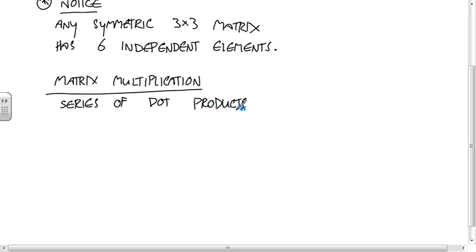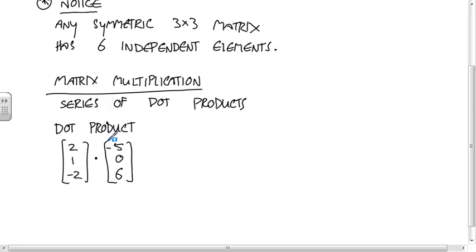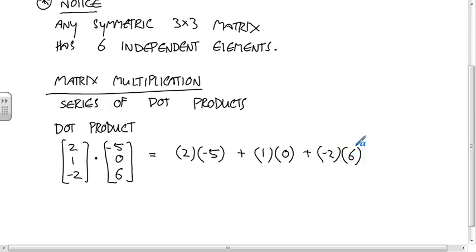So first of all, if you are taking the dot product of 2, 1, -2 dotted with -5, 0, 6, you get 2 times -5 plus 1 times 0 plus -2 times 6, and you get a value of -22.